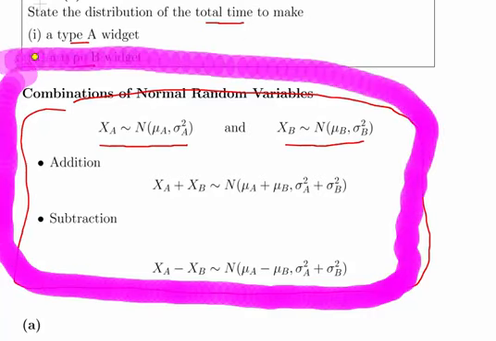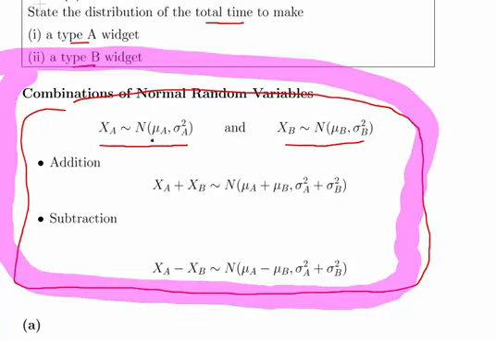Okay. So essentially, if we have mu A and mu B, and we want to combine the variables XA and XB, what we do is add the means and then add the variances.